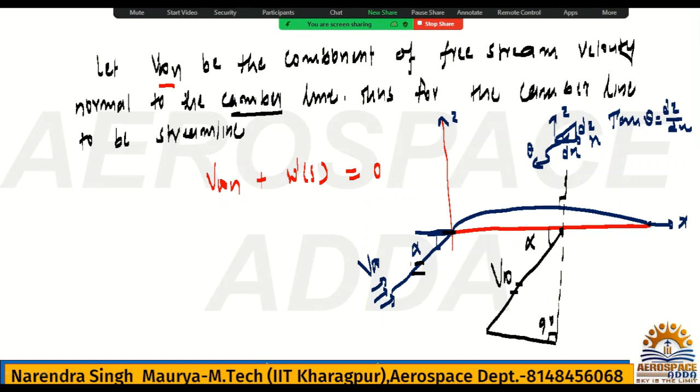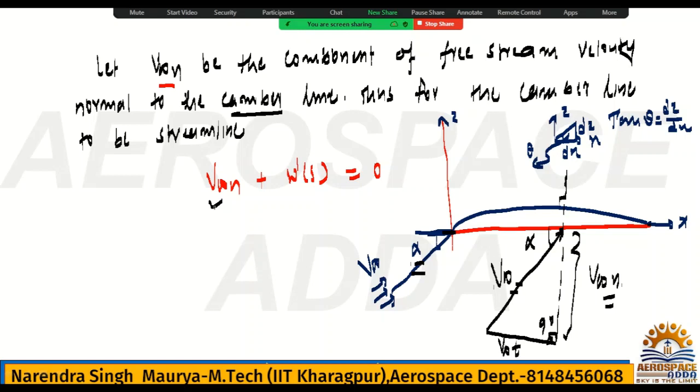This is making 90 degrees. So what is this component? V infinity n, because this is the V infinity, this is V infinity n, and this will be V infinity tangential. Yes or no? So this V infinity is nothing but this one.